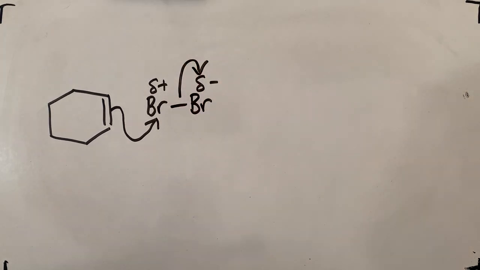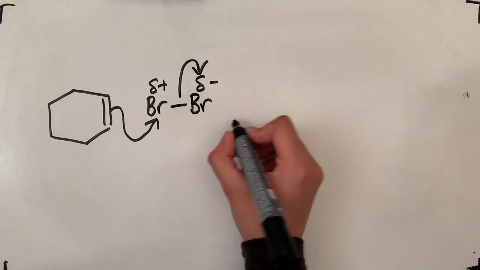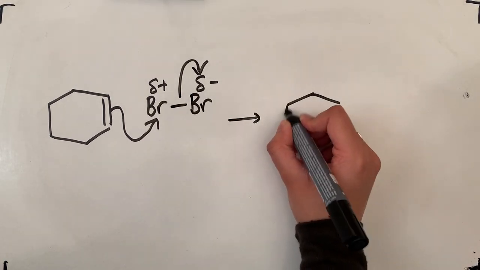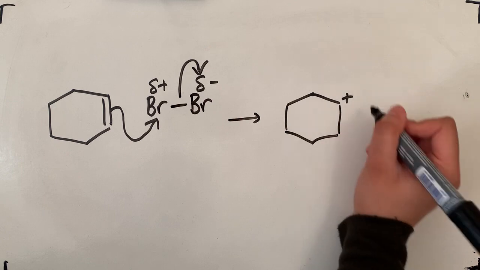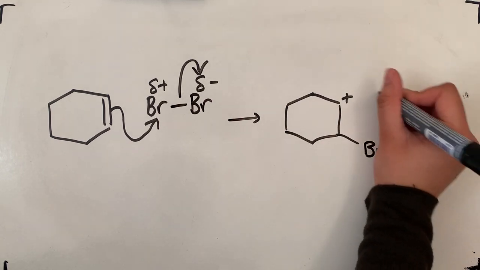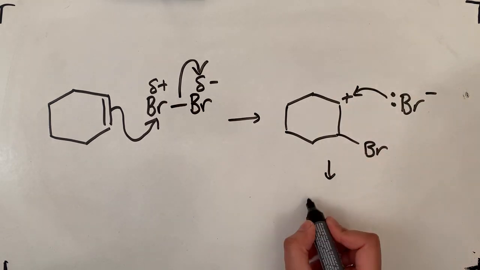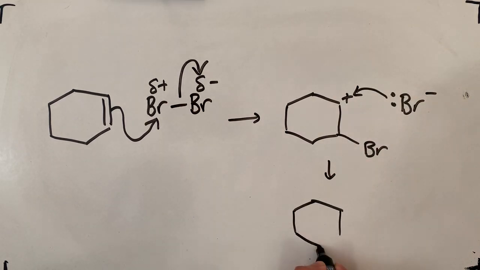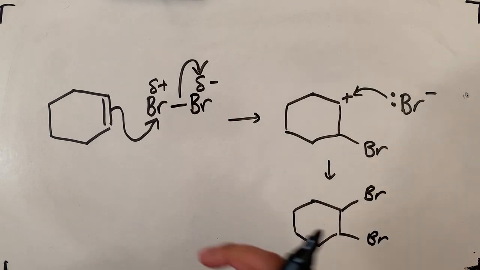So we see this occurring over here. And then as we know, the reaction continues. You form your carbocation, and that leads us to our final product over here. And as we know, this is electrophilic addition.